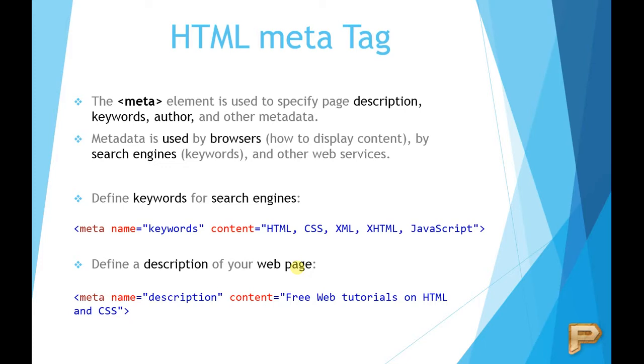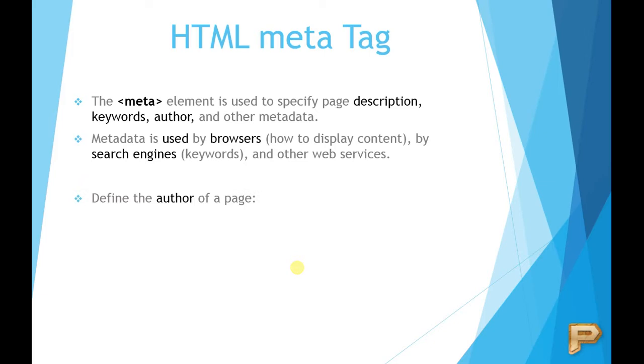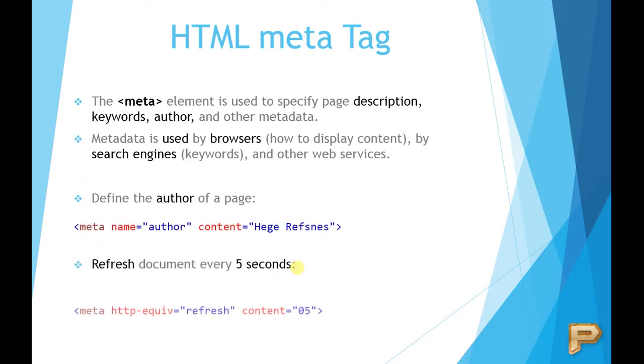So first let's go to Notepad++, and there we'll try to understand how to define keywords for search engines and a description for your web page. As we can define keywords and description, we can also give more things, for example define the author, and also refresh the document. These are the four codes we have seen so far.